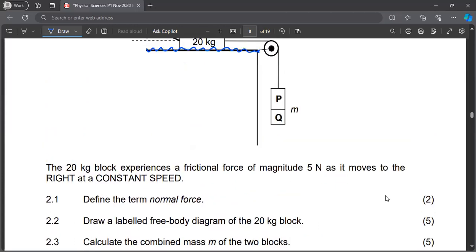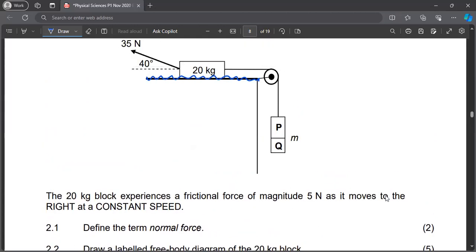Think of it. So if we remove the block Q, one thing we know is that the mass is going to decrease, meaning the weight is going to decrease.